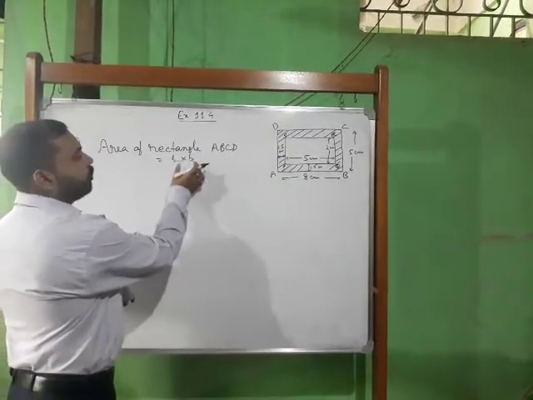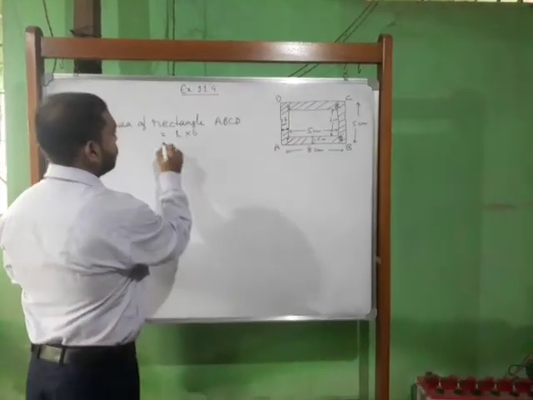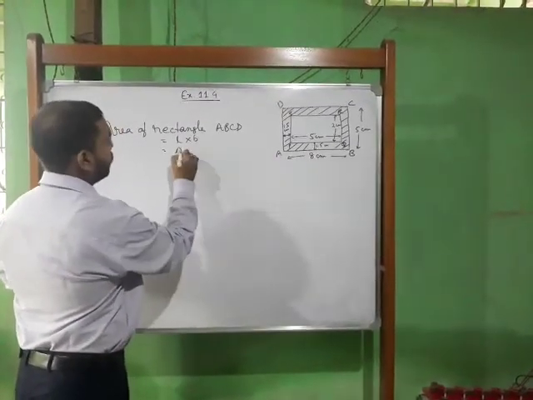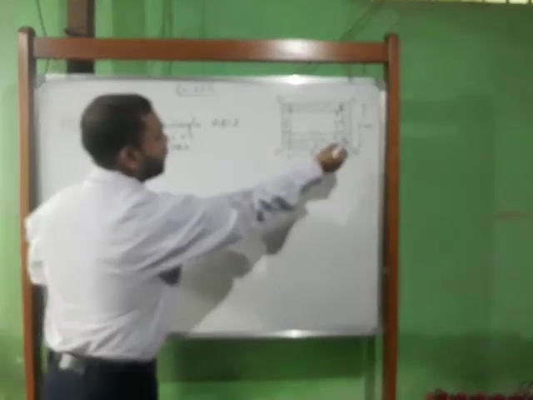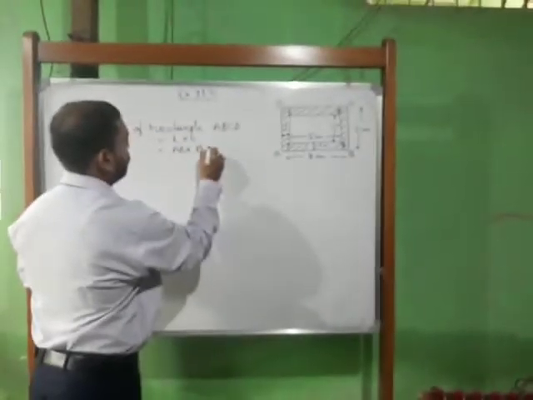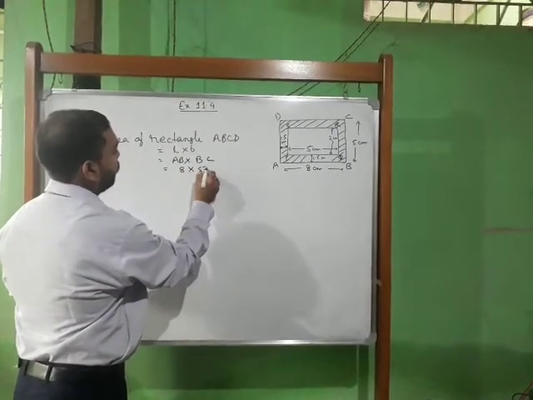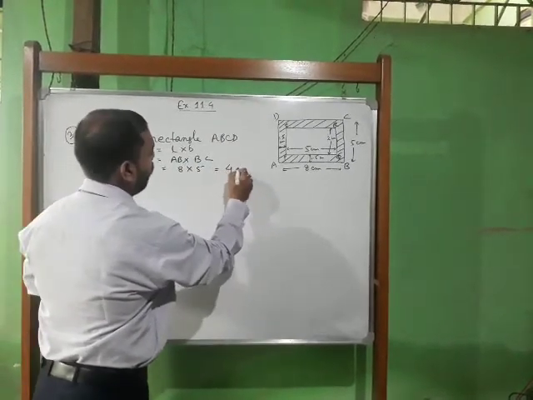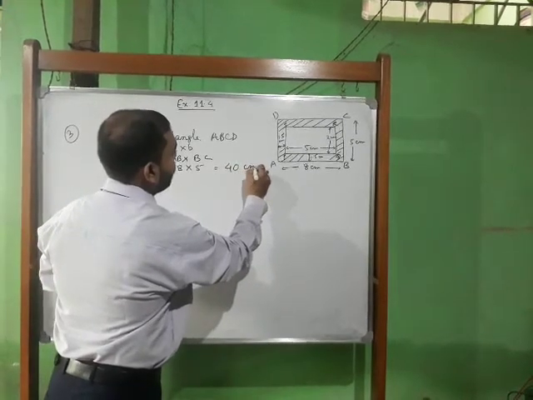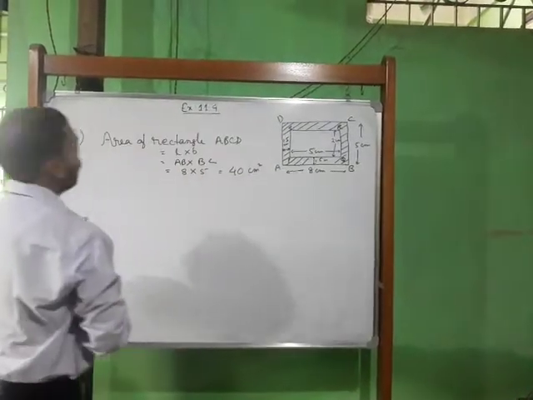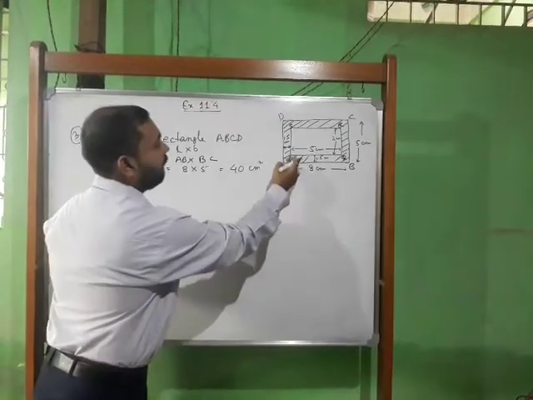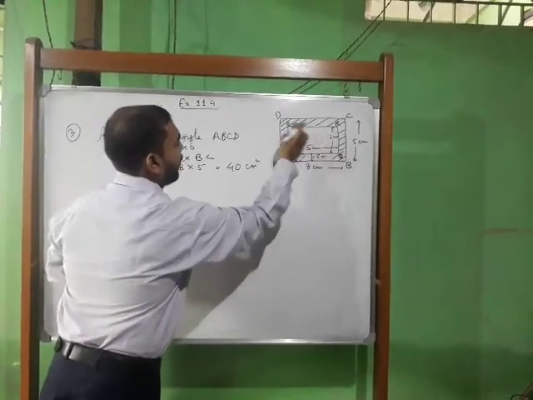Our length is AB and breadth is BC. So 8 into 5, that is 40 centimeter square. Now we have to find the area of rectangle PQRS.